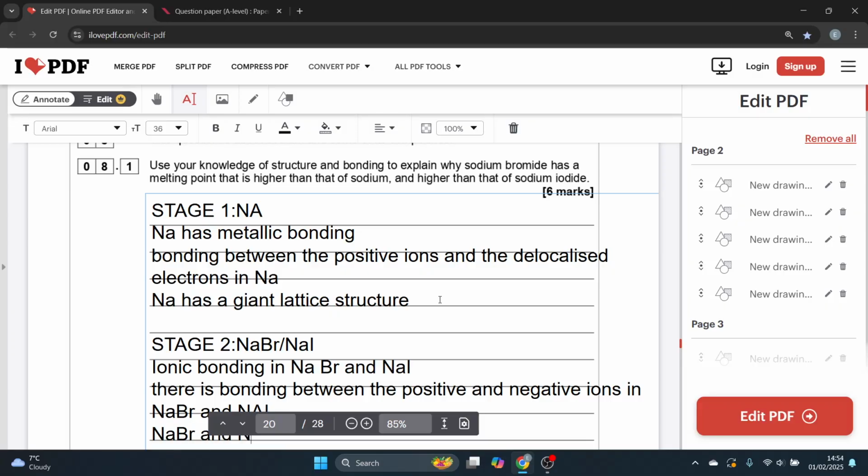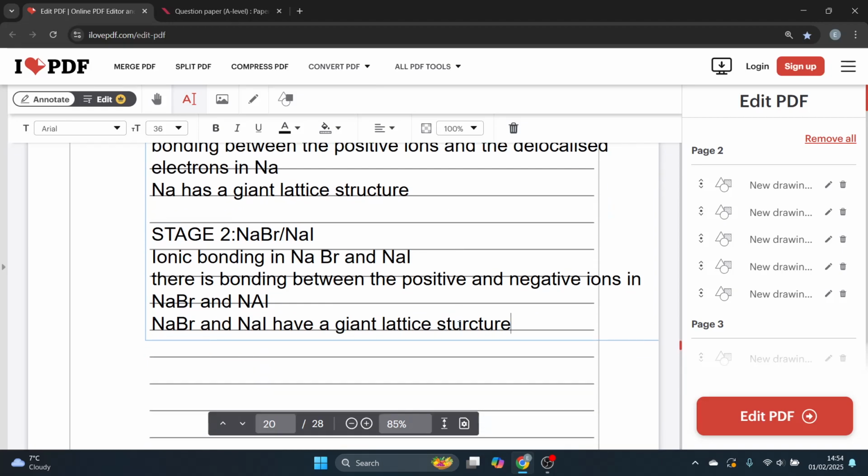NaBr and NaI have a giant lattice structure.